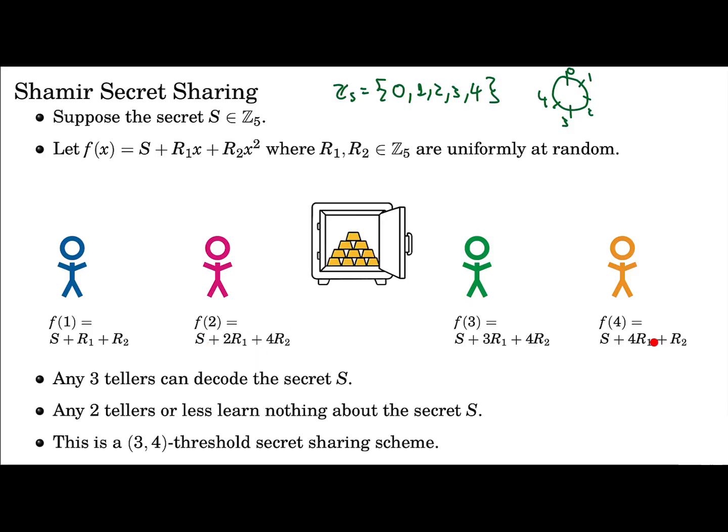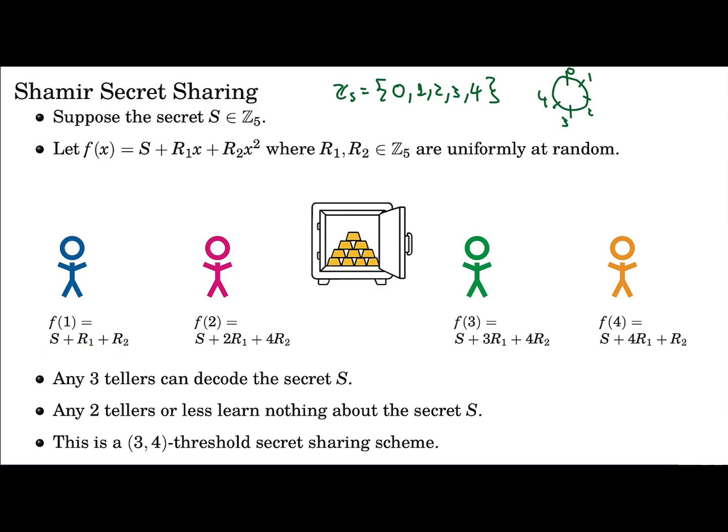Now, if you combine any 3 of them, you have 3 equations and 3 unknowns, so you can solve and retrieve your secret.